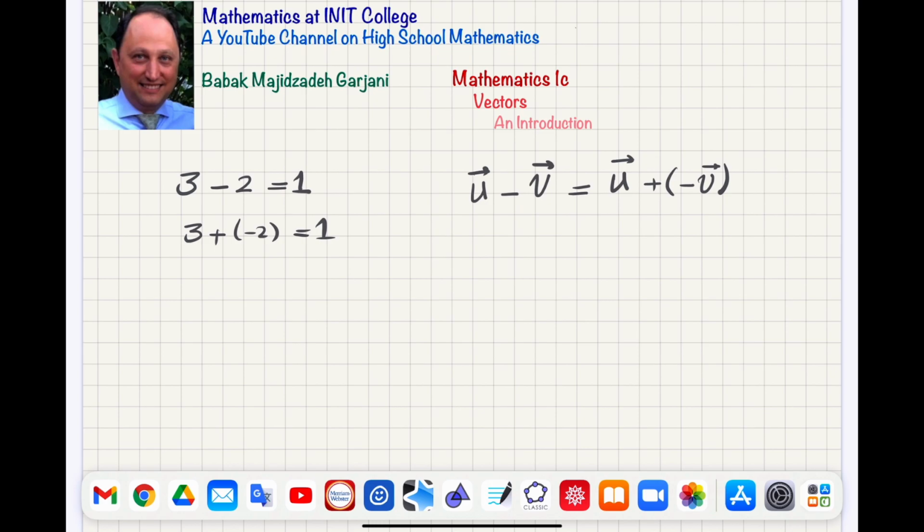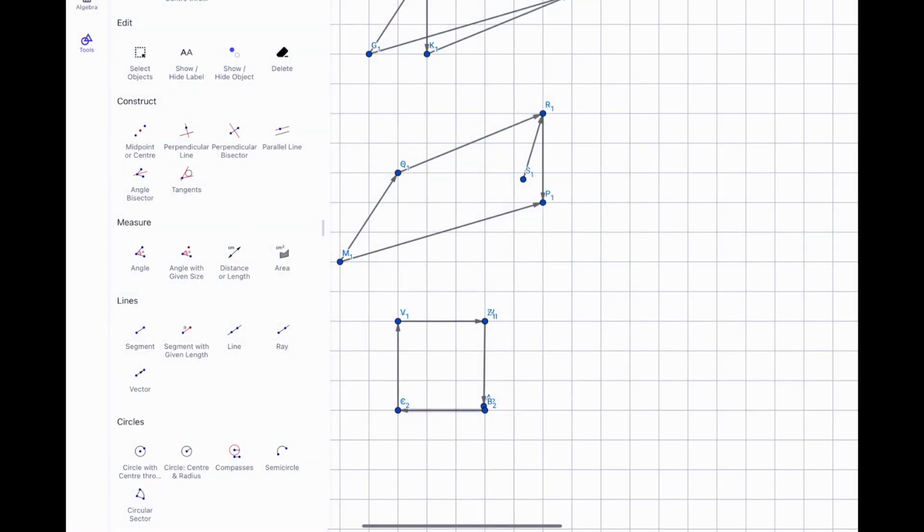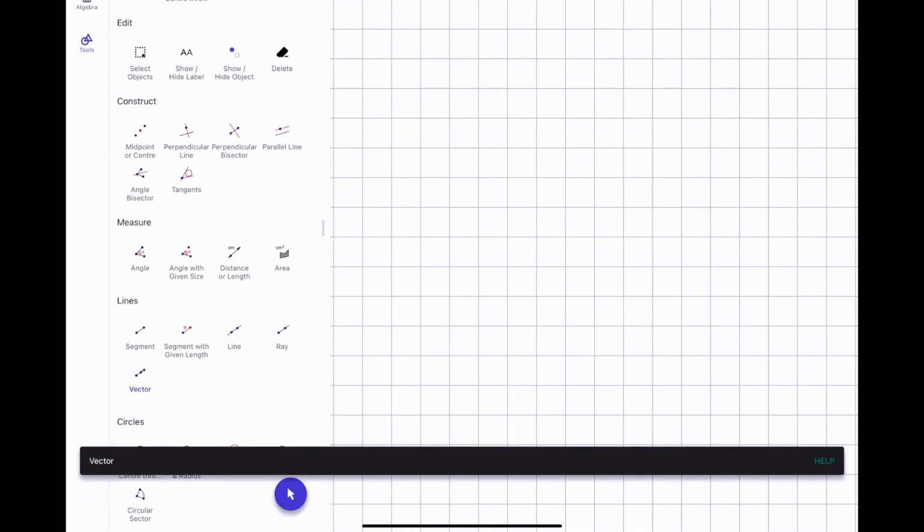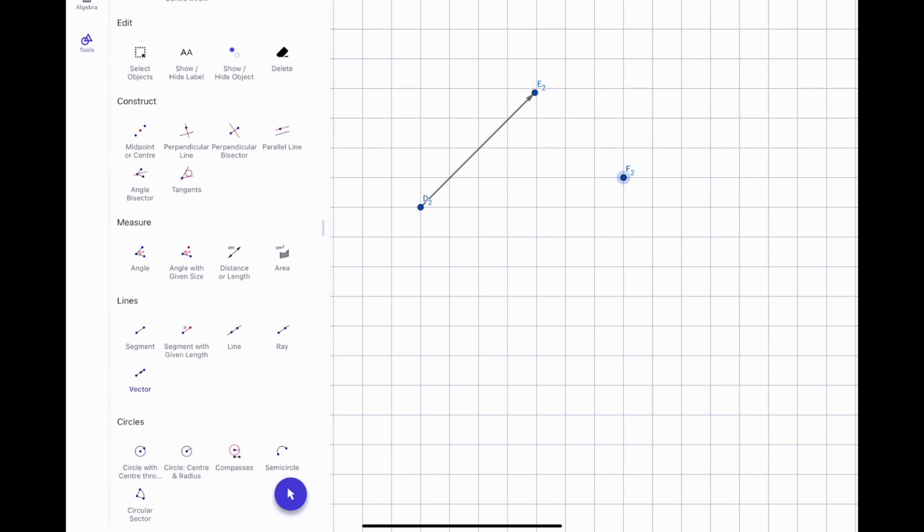So, for example, if I go to GeoGebra here, I will give you two vectors. Here I have one vector, and then I have another vector. I want to subtract the second vector from the first one. The first thing that you need to do is to find the opposite of the second vector. For example, I can draw the opposite of the second vector here, from here to here.